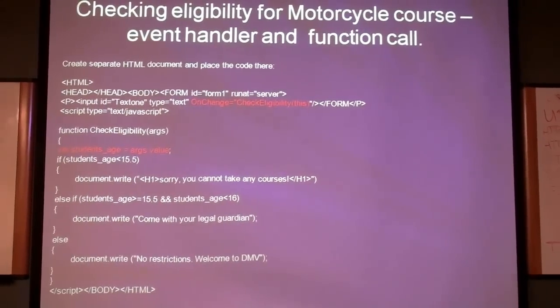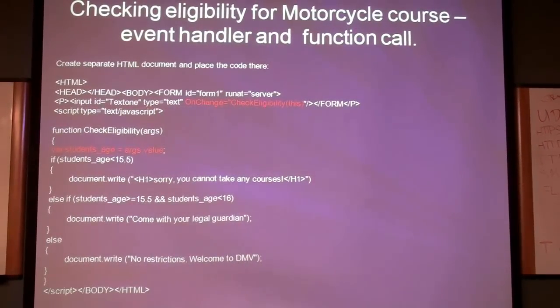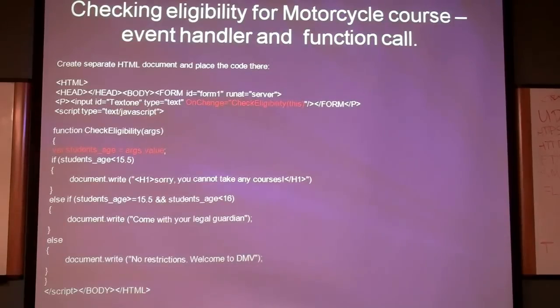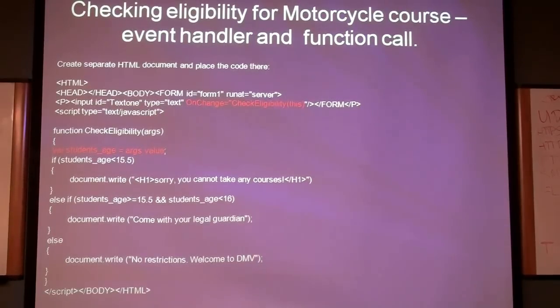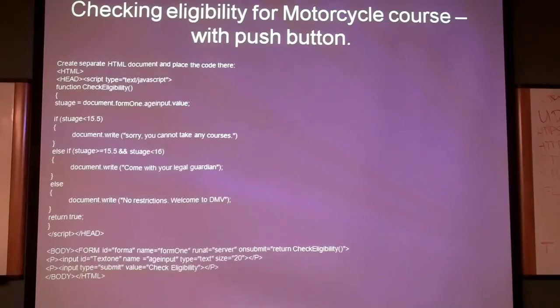We like to capture that situation and check the value for the age provided. Based on that value, we may do different actions, for example, you're allowed to take the motorcycle classes, or on the other hand, no, depending on the value of the age. And this is the final version of the code which we created.